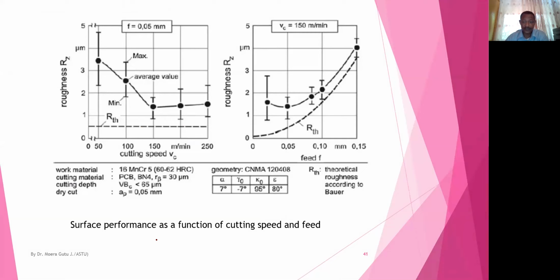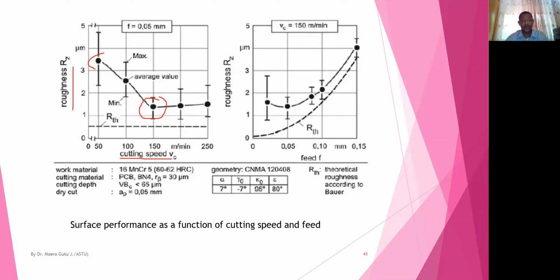So the surface performance as a function of cutting speed and feed, I have already explained this one, the roughness level versus the cutting speed. The roughness is very high at low cutting speed, and, as I told you, this one is the optimized one, 150 meter per minute. At this cutting speed, the roughness is very low.